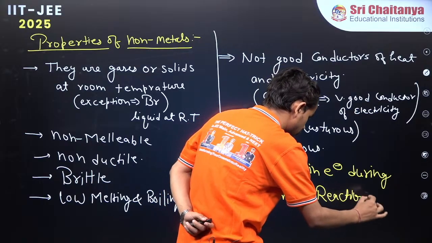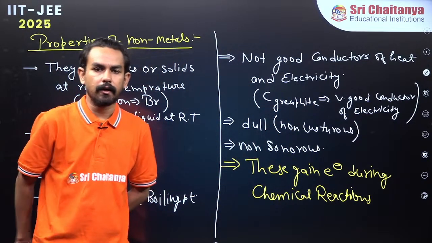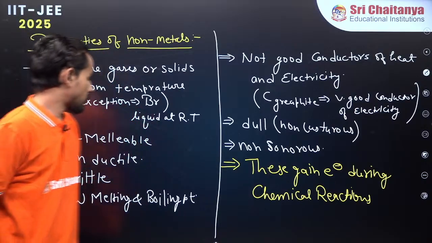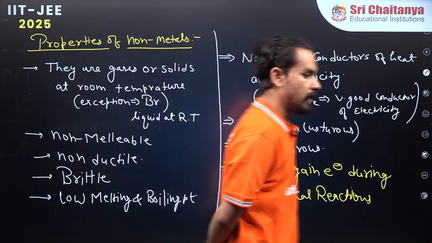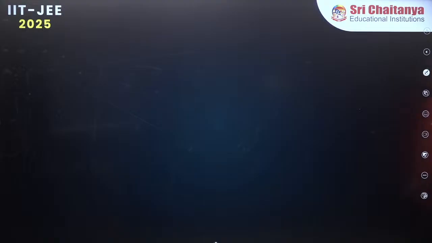During chemical reactions, what will happen? That non-metals are usually found gaining electrons. That's what is all about the properties of non-metals. See, this is all about properties of non-metals. Now let us move.